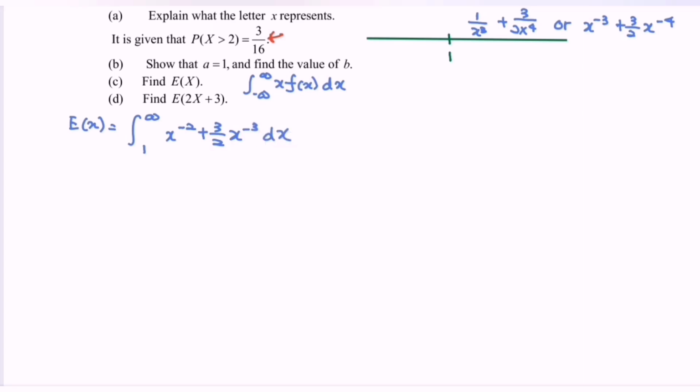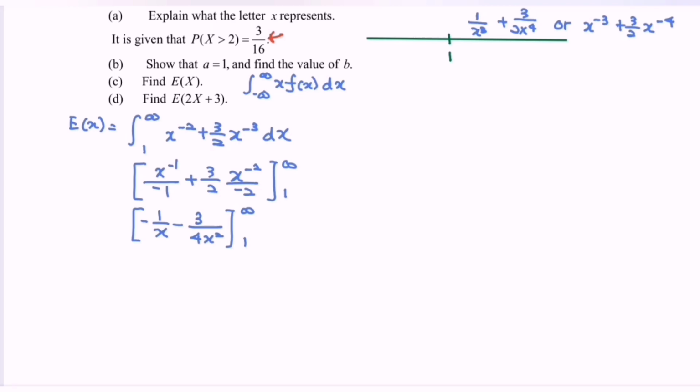Kindly integrate: x to the power of negative 1 over negative 1 plus 3 over 2 x to the power negative 2 over negative 2, with limits infinity and 1. Rewriting, we have negative 1 over x minus 3 over 4x squared.